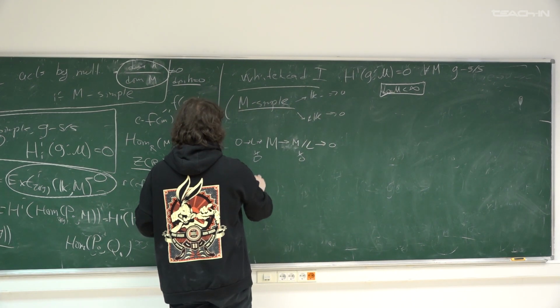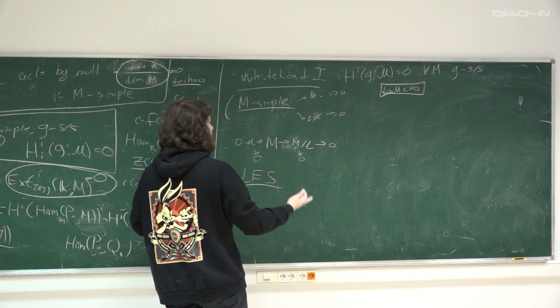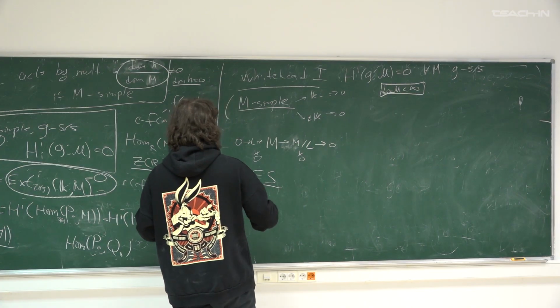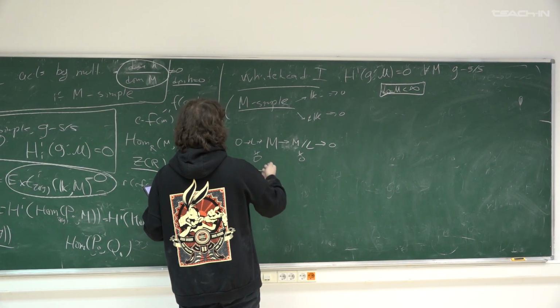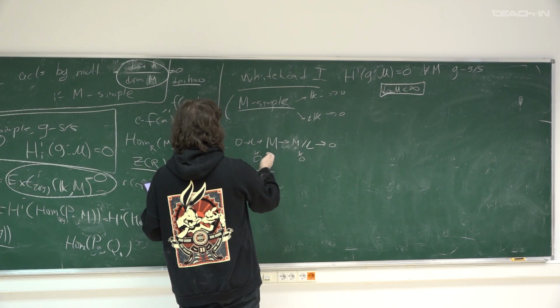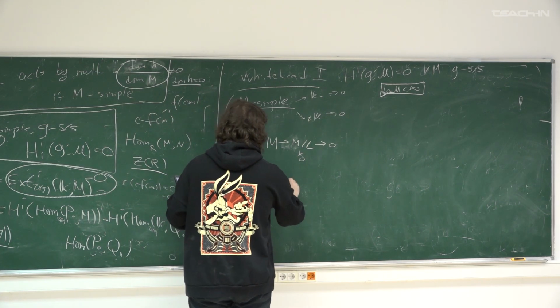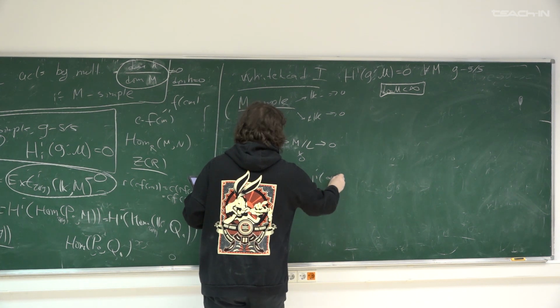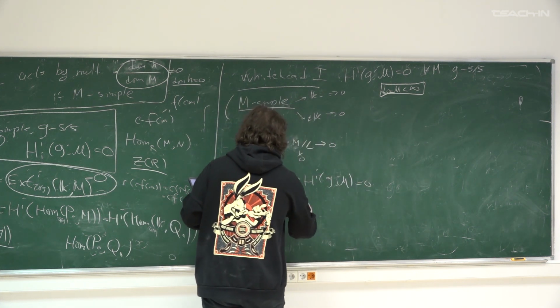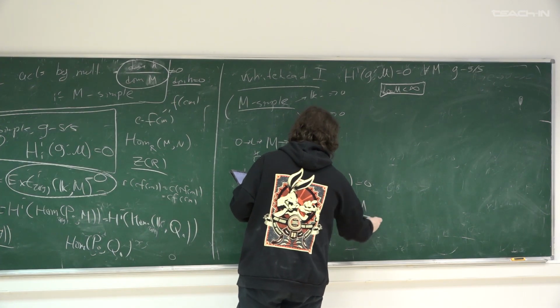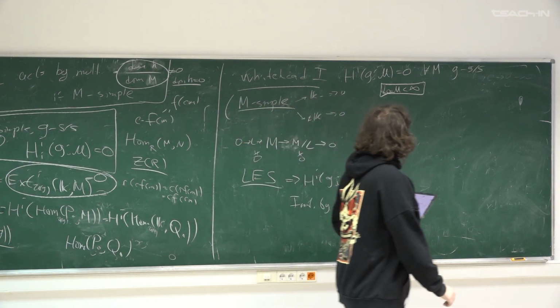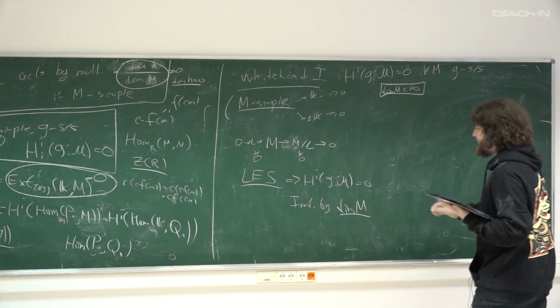And so from the long exact sequence and induction by dimension, we can assume that homology of these is 0, and then from the long exact sequence, we obtain that homology of M is between zeros, so it's also 0. Induction by the dimension of our module. For one-dimensional, it's always trivial, so it's also true. Okay, this is the end.